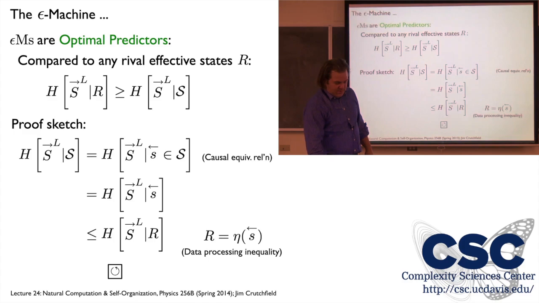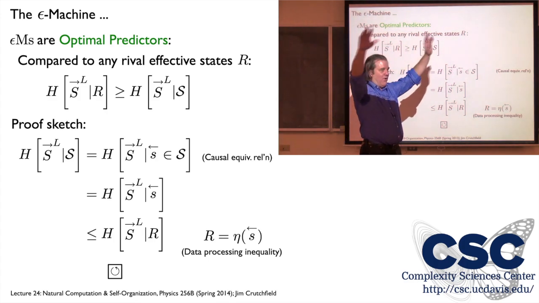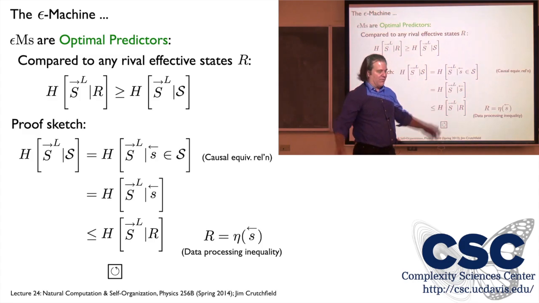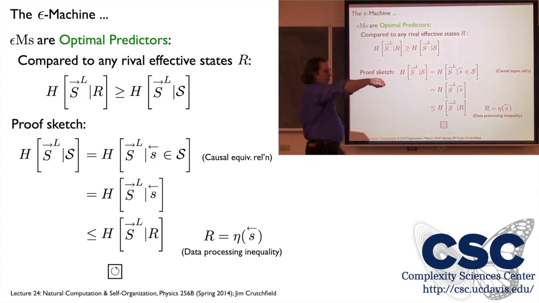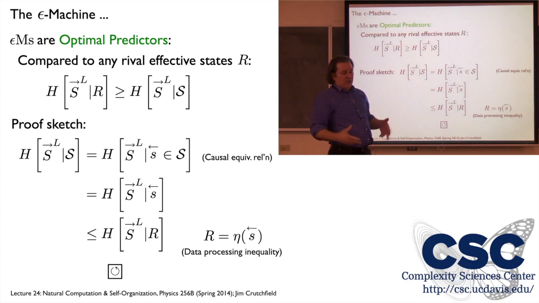Probably the most important property, or first important property, is that the Epsilon machines are optimal predictors. Now what do we mean by that? I want you to think back to this formal space of all possible candidate alternative models, rival models. The Epsilon machine's in there somewhere, but there are all these other choices I could make.